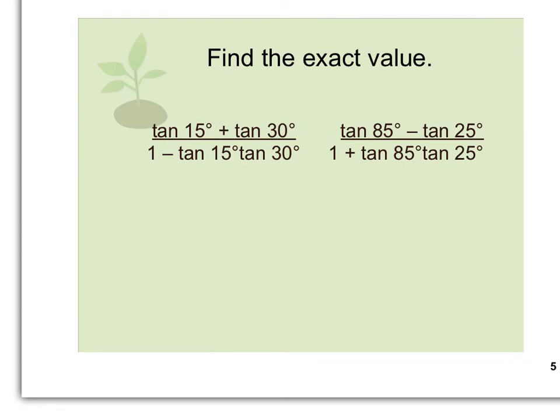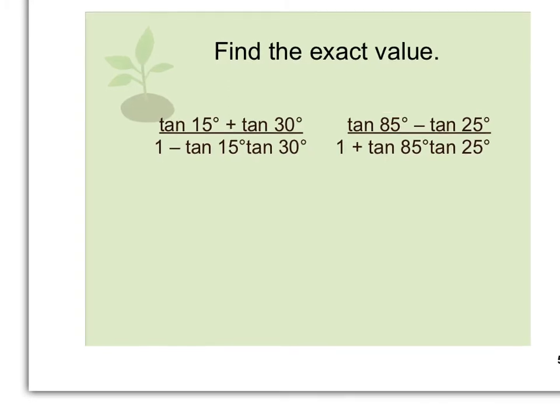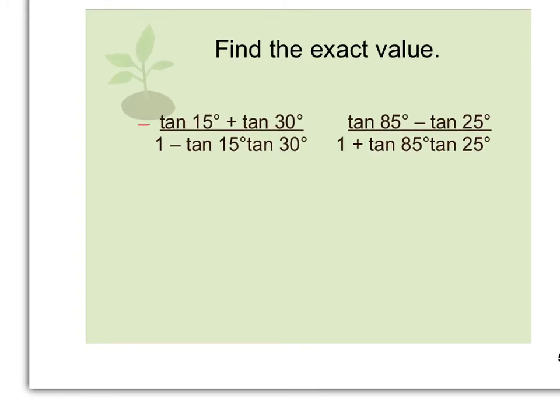Other ones where what we're doing here is really going from the right of the equation to the left side. Okay? Notice here, obviously, alpha is 15 degrees, the two angles I'm working with. Beta is 30, and I'm using the formula that has the addition sign on the top and the subtraction sign on the bottom.